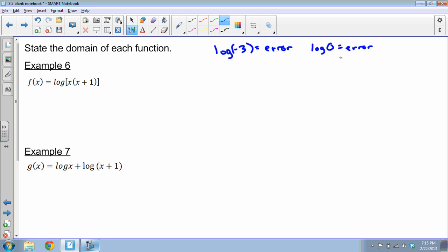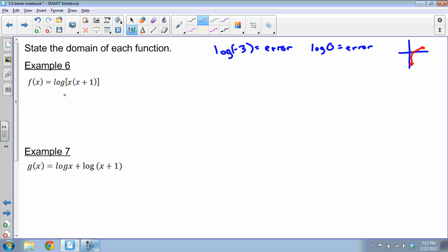But we can pick any numbers that are really close to 0, like 0.1, 0.01, 0.00001. Remember, on the graph of a normal logarithm, we have an asymptote at x equals 0, keeping us from getting over where the negatives are, or even from touching 0.